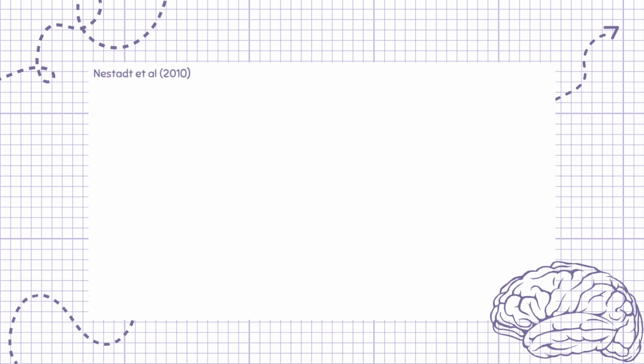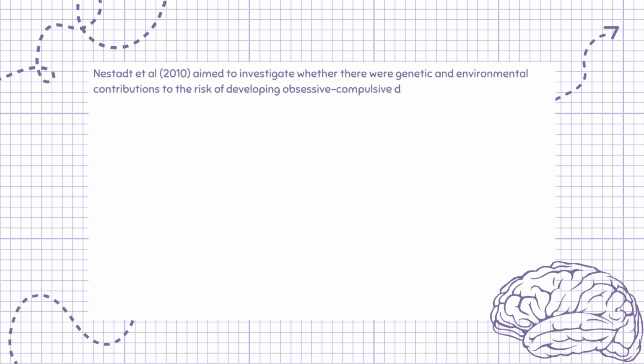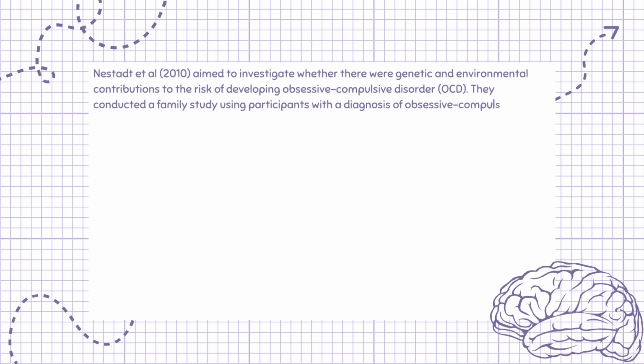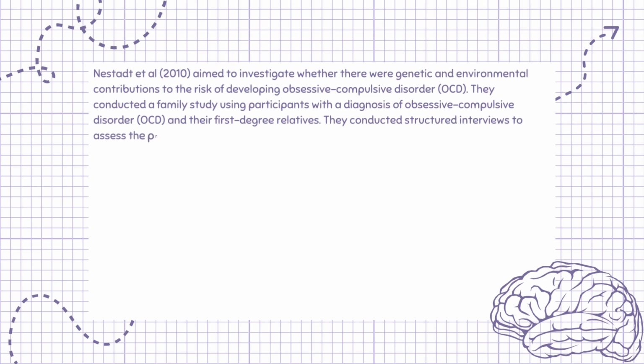Nestadt et al., 2010, aimed to investigate whether there were genetic and environmental contributions to the risk of developing obsessive-compulsive disorder, OCD. They conducted a family study using participants with a diagnosis of OCD and their first-degree relatives. They conducted structured interviews to assess the presence of OCD and related psychiatric disorders among the participants and their family members.